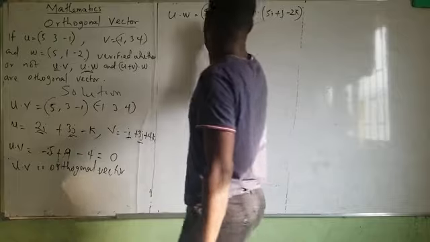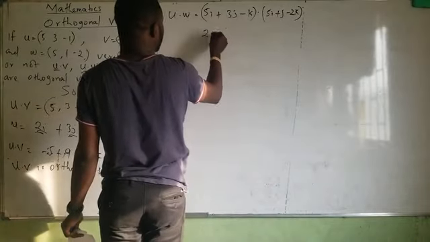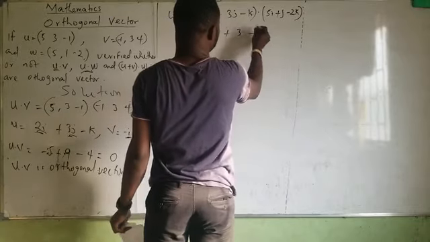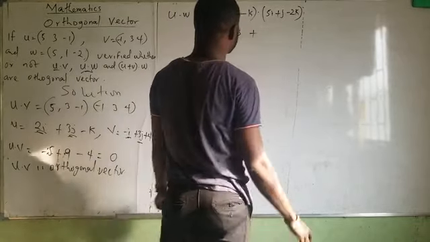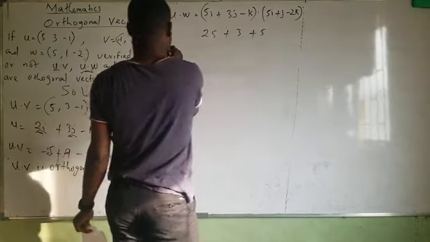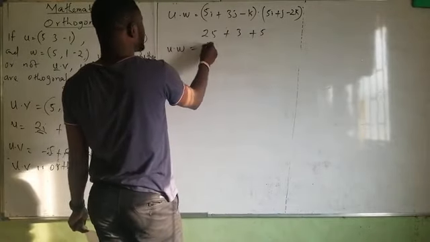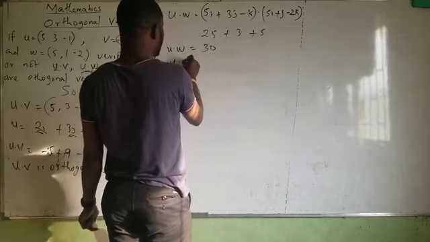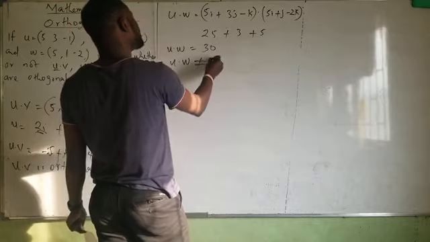Now that is going to be 25 plus 3 plus 5, which I'll be having 30. U dot W equals 30. U dot W is not equal to 0.